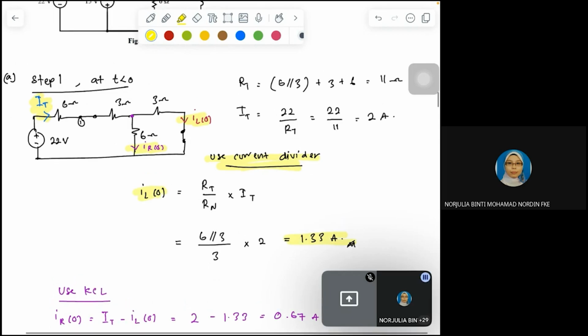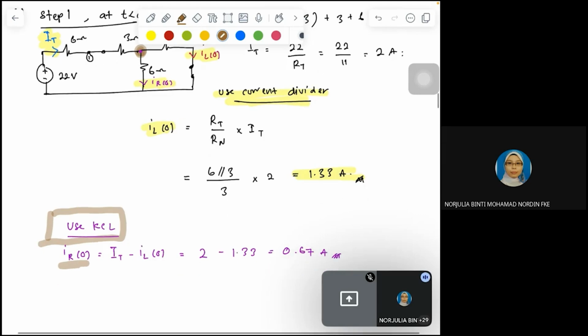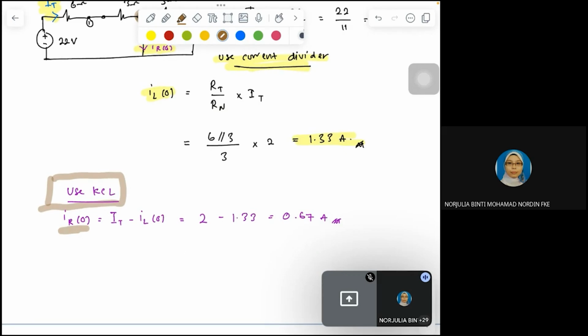And then after that, to find the IR, at the point that I highlighted in brown here, you need to apply your KCL, Kirchhoff's current law. Why do we need to apply the KCL? Because we want to determine the value of IR. So your IR is equal to 0.67 ampere. So don't forget to write down the unit.